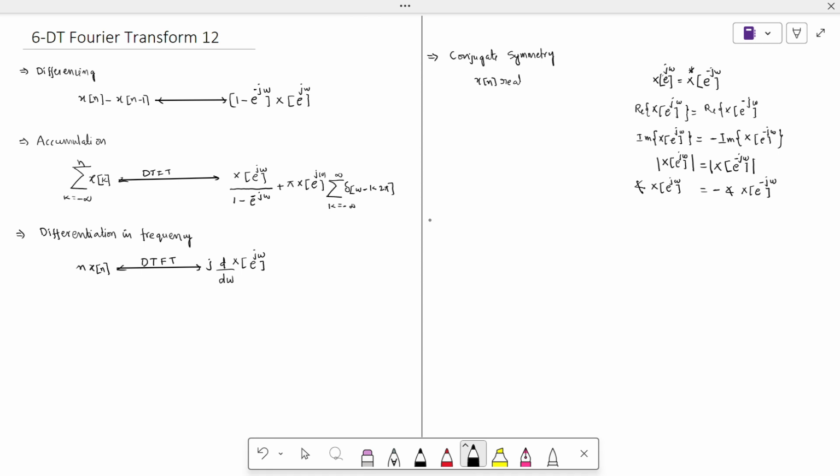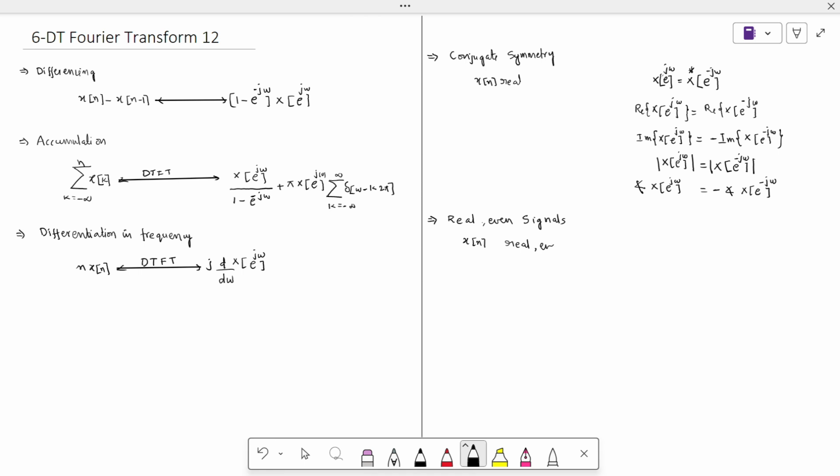The next one, real and even signals. Here x of n is real, similar to what we already discussed for the continuous time and discrete time Fourier series and the continuous Fourier transform, the same thing.